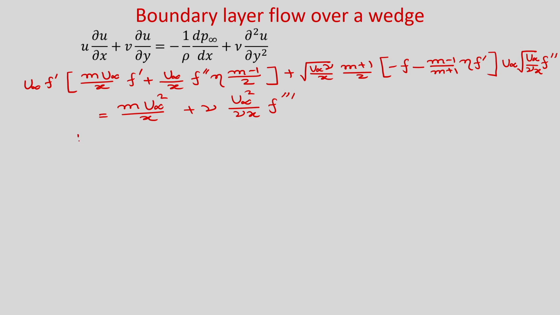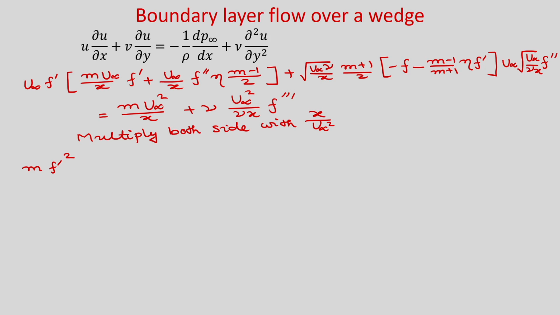Okay. So, multiply both sides with x by u infinity square. Okay. So, what you will get? So, you will get m f prime square.